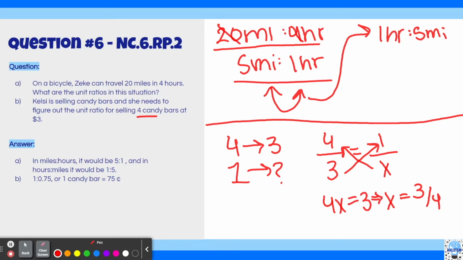So 3/4 out of 1 is what? 0.75. So our ratio is going to be 1 to 0.75, or 1 candy bar is 75 cents. And that is it for problem 6.